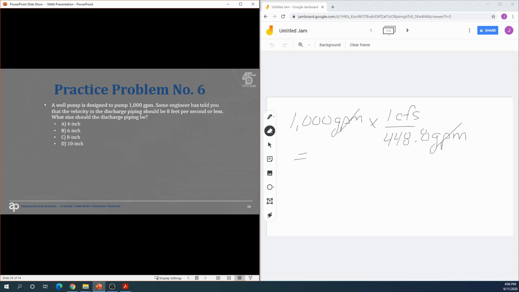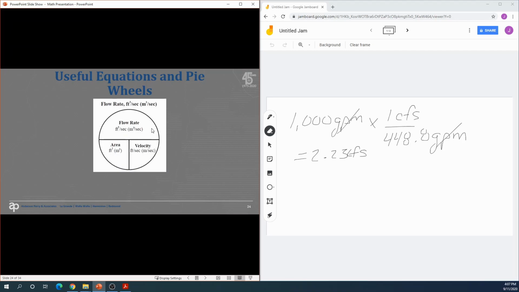And again, this is going to equal 2.23 cubic feet per second. Now our velocity has to be 8 feet per second or less. So going back to our pie wheel, flow rate divided by velocity is going to give us our area.